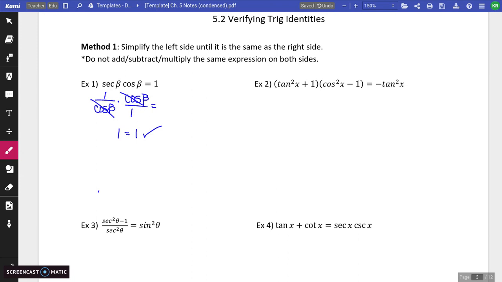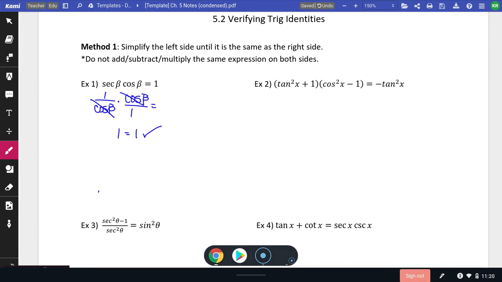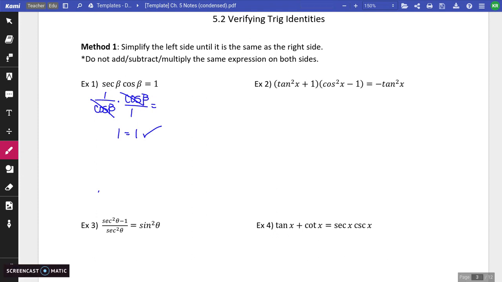Okay, with number 2, we want this to equal negative tangent squared. So if you check out your Pythagorean identities, you'll find that tangent squared plus 1 does equal secant squared, so you can check your Pythagorean identities.